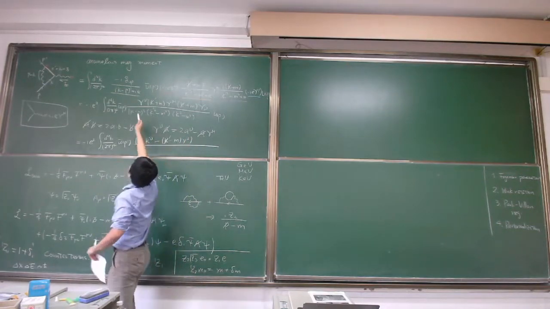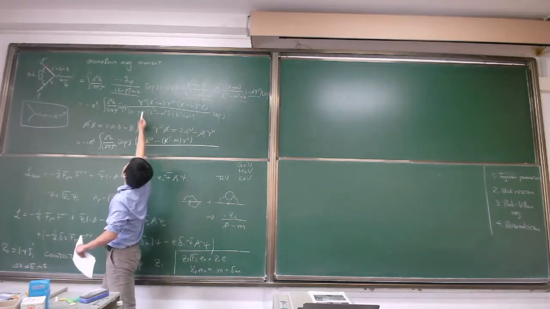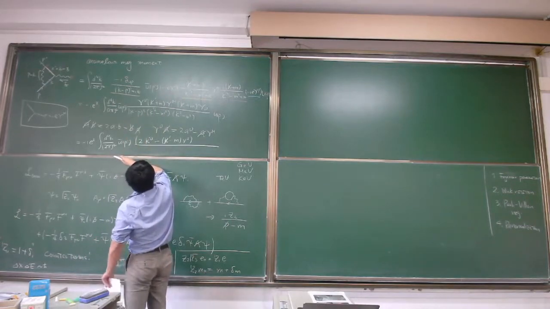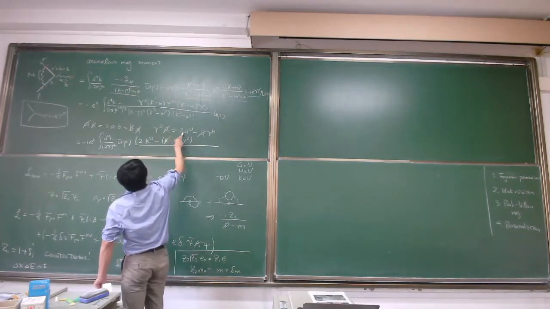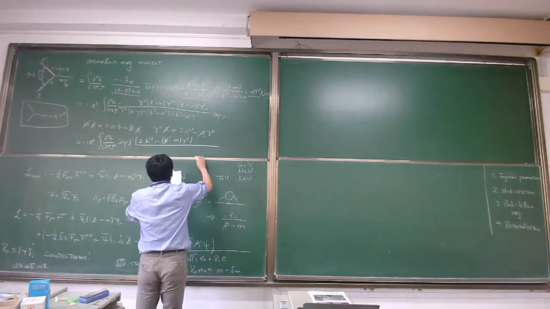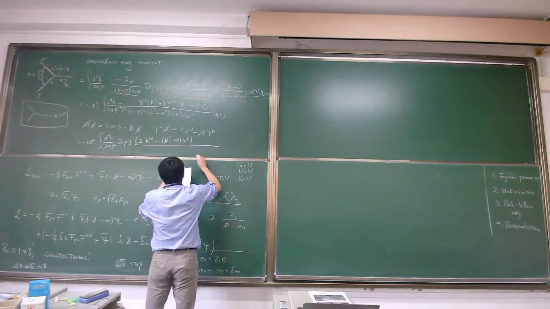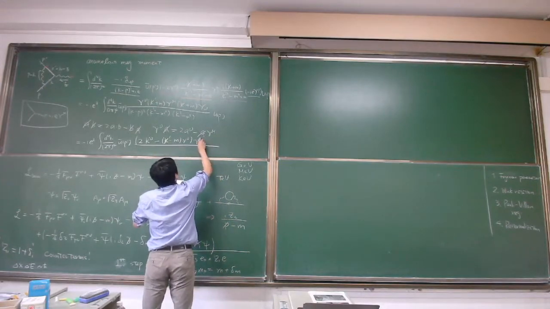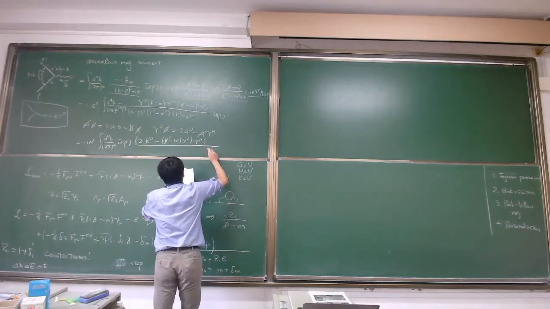So I just bring this one to the left, and you need to use this rule to bring this one. And then you have the gamma mu, and then you have the similar one.